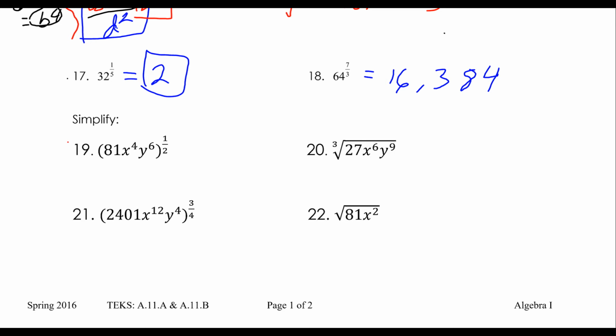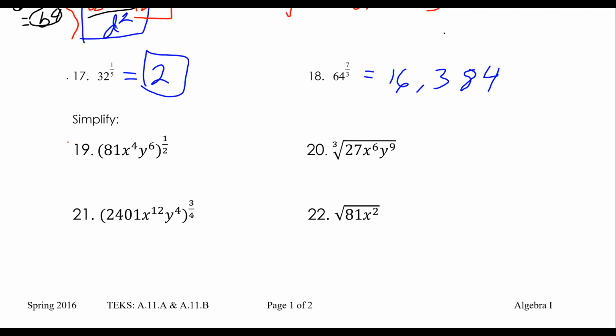Now, number 19. Okay. What we have here is we need to go ahead and do what we've been doing with these exponents, the power to a power rule. I know it's a fraction, but it's not that hard.